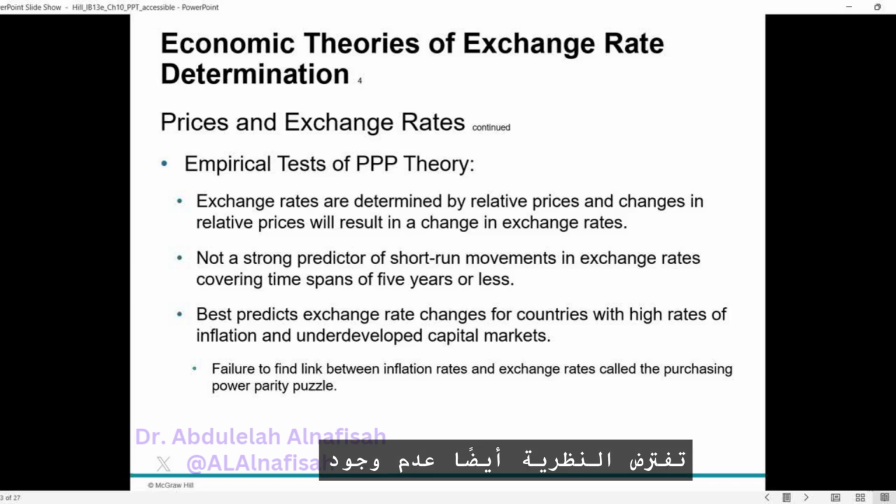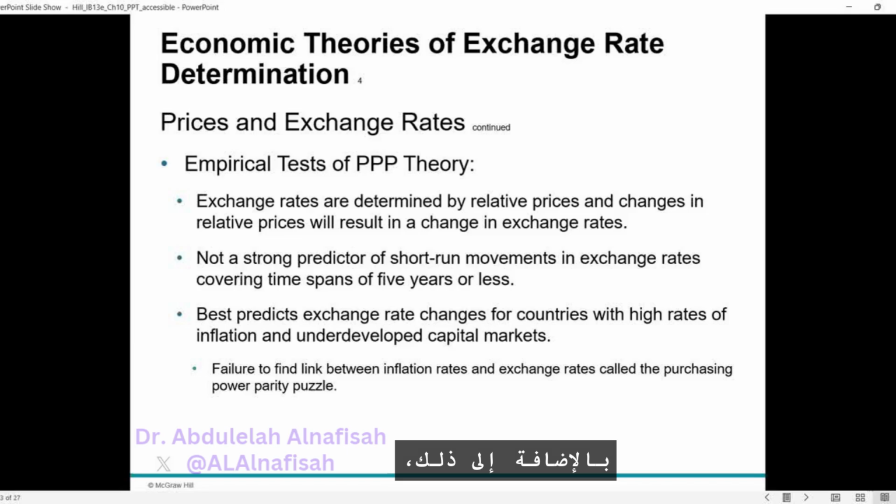The theory also assumes no transportation costs or trade barriers, but these factors often lead to significant price disparities, weakening the PPP relationship. Government intervention in trade and foreign exchange markets further disrupts the link between inflation and exchange rates.